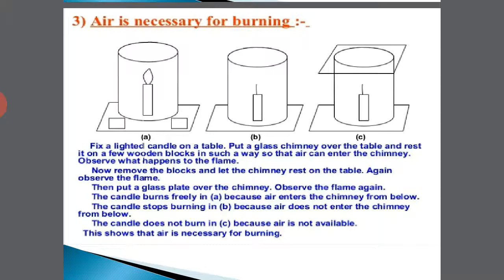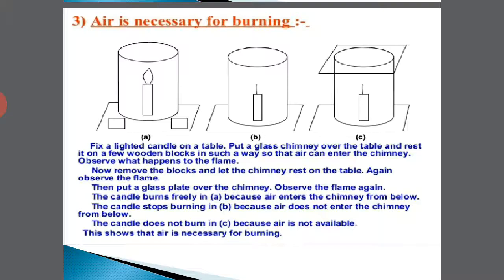Observe what happened to the flame. Now remove the blocks and let the chimney rest on the table. Again observe that. Then put a glass plate over the chimney. Observe the flame again. Now the candle burns freely.